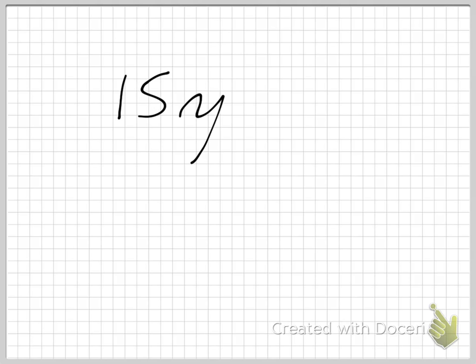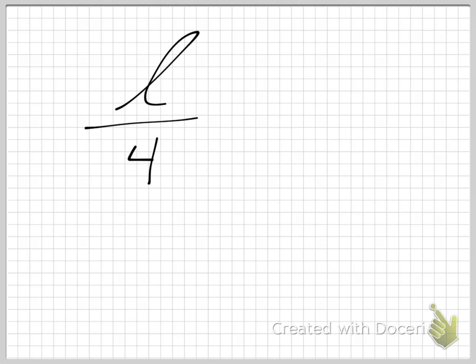Read me that, Jenna. What does 15y mean? Okay. Read me that, please, Jared. X minus 4. Okay, that's not hard. Read me that, Sladen. L over 4. Read that to me better than that. Over. What does over mean? Divided.